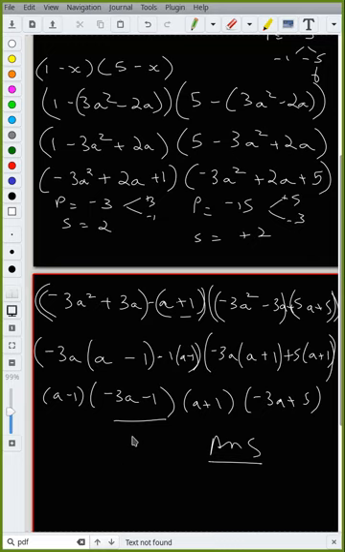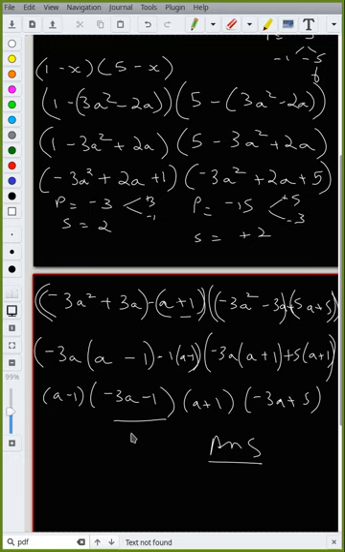Aryan, continue. Sir, in our school also, ma'am told us two methods. One was the same way which we did. In that, ma'am took the minus out, so a minus 1 and 3a plus 1. You need to put brackets outside. I did not get what you're saying.